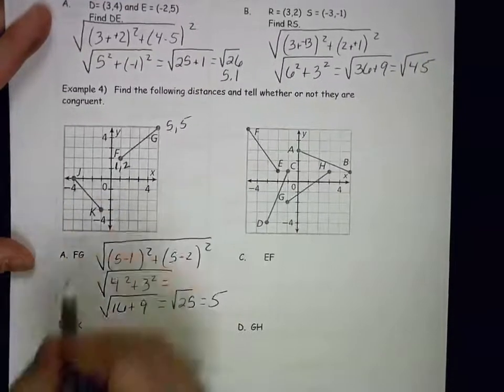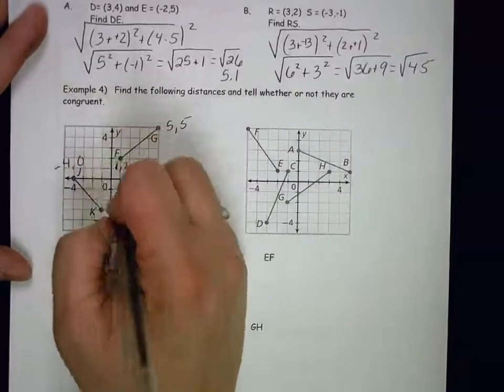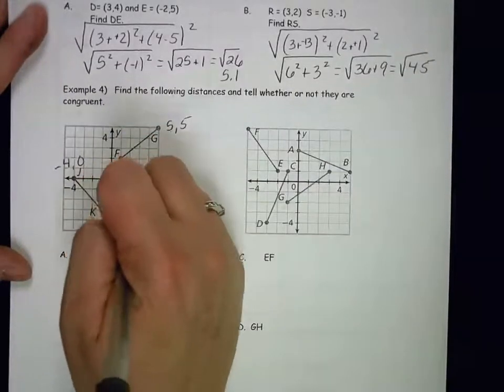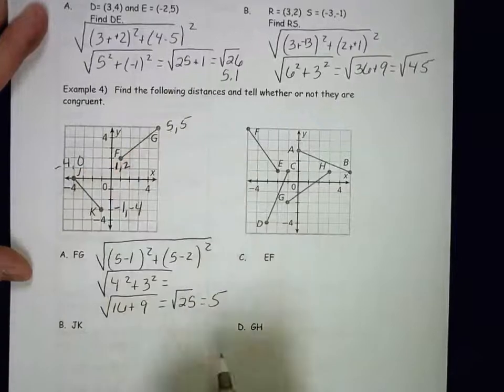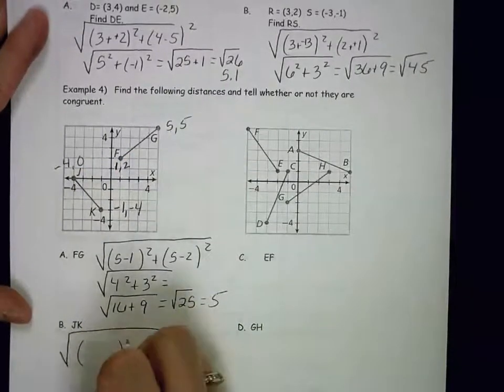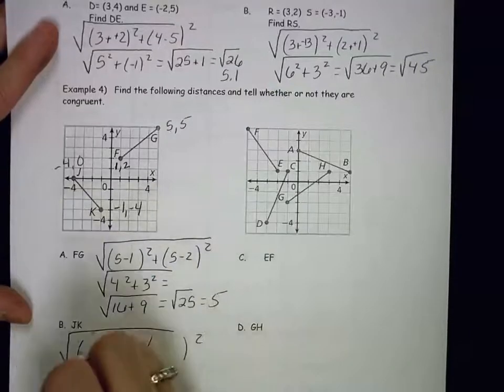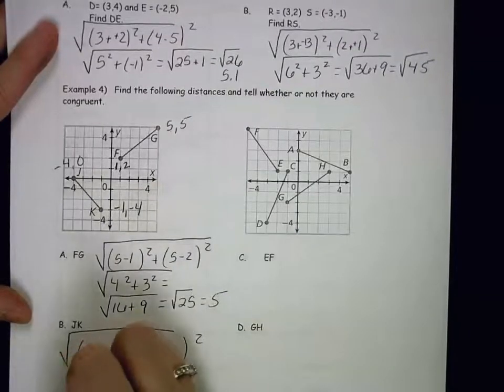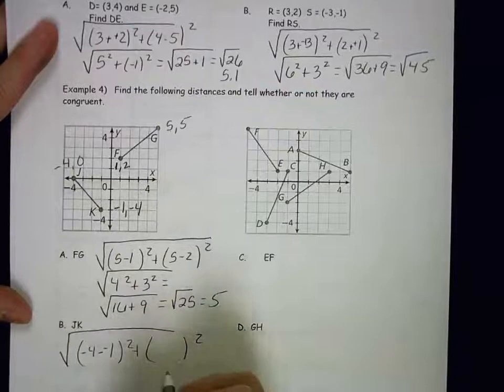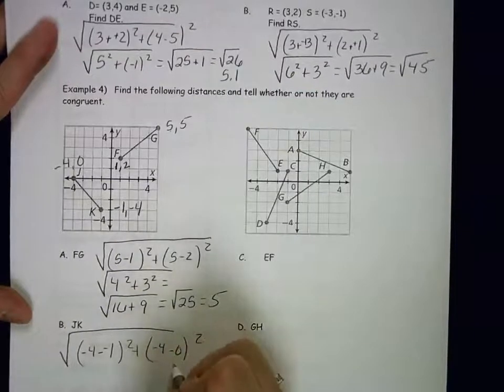JK, this will be (-4, 0), and this will be (-1, -4). So when we put these numbers in our framework, you will have negative 4 minus a negative 1 and negative 4 minus 0.